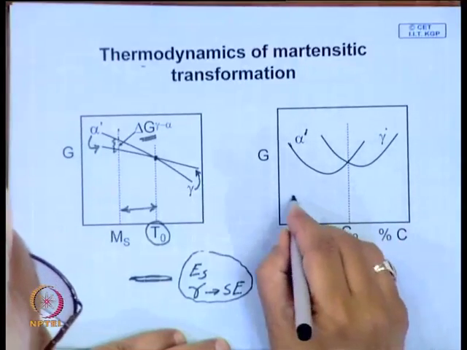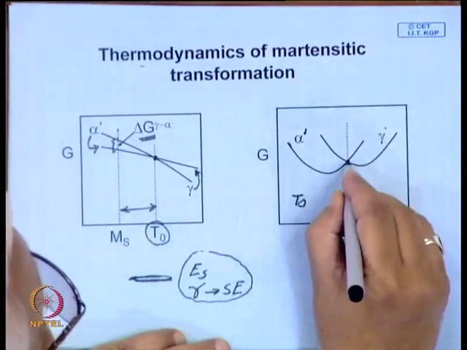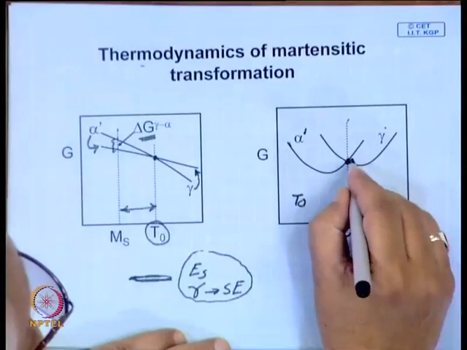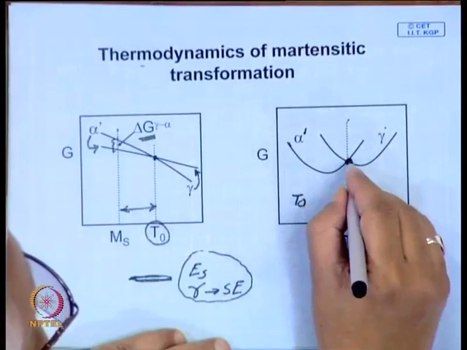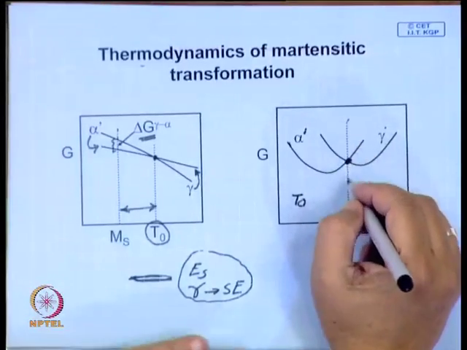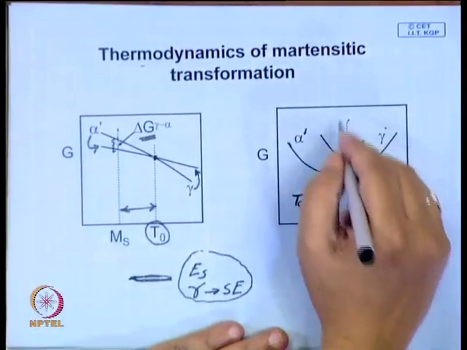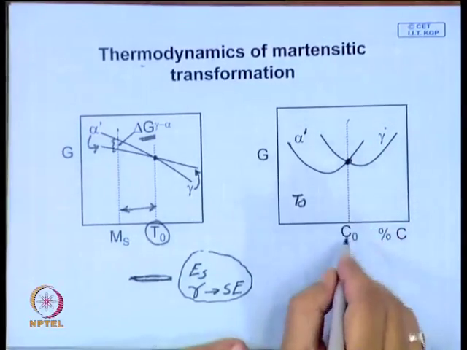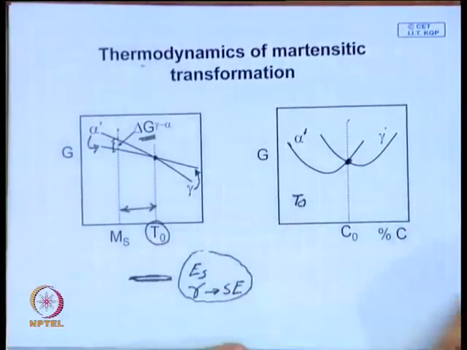Let us say this temperature is T0. Here, for this particular composition C0, if you cool, it is possible to suppress precipitation.